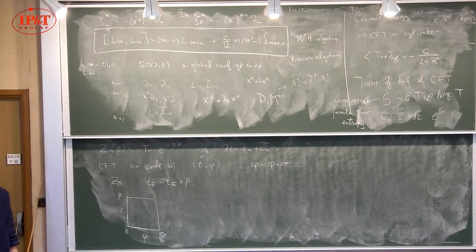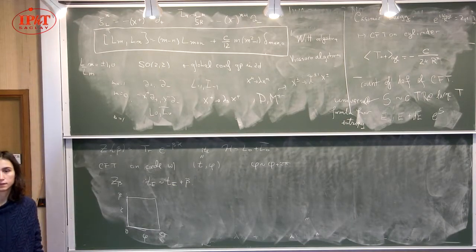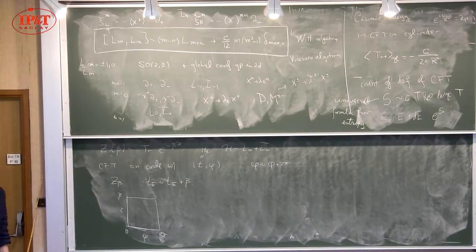Excuse me, why do you identify the two boundaries of the coordinate tau? That's just the usual way to compute finite temperature partition functions. You make time Euclidean and you identify mod 1 over the temperature. But this is exactly the point which I never got answered.